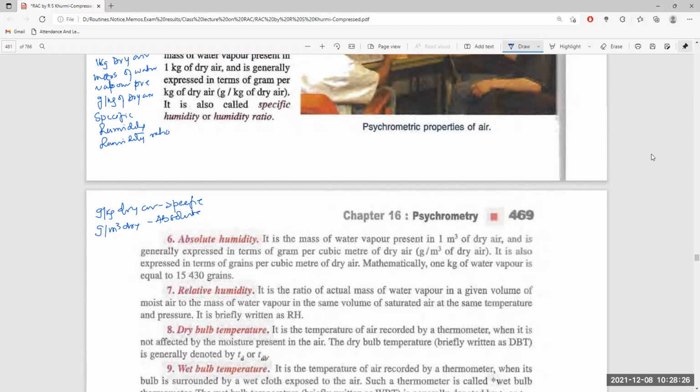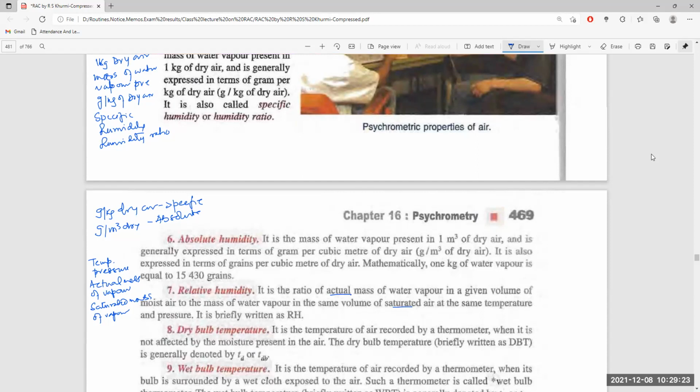So at a particular temperature and pressure, the actual mass of vapor and the saturated mass of vapor. When it is actual over when it is saturated, that is relative humidity.